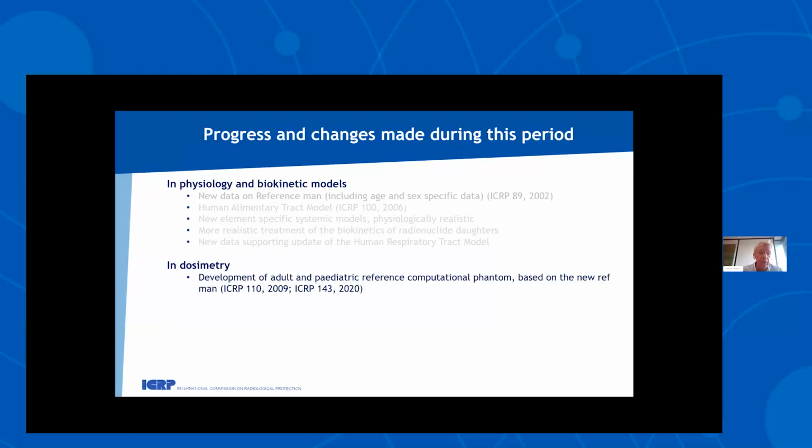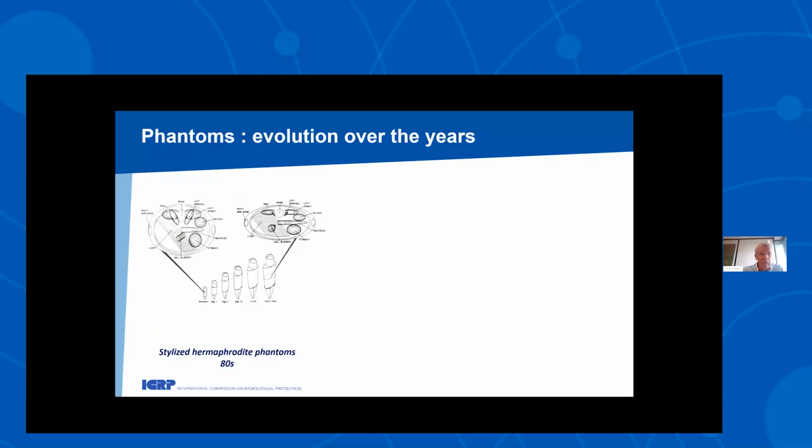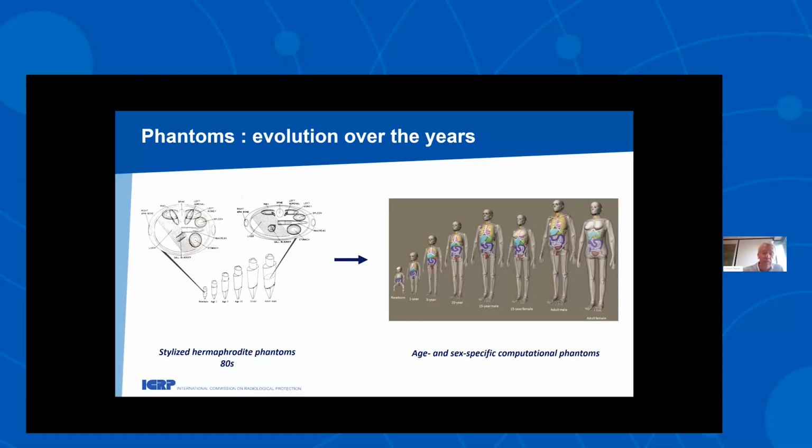In dosimetry, we developed a few years ago adult and pediatric reference computational phantoms based on the new reference man. Just to remind you that in the past, we used stylized hermaphrodite phantoms in the 80s, and now we have the new ICRP family of age- and sex-specific computational phantoms.